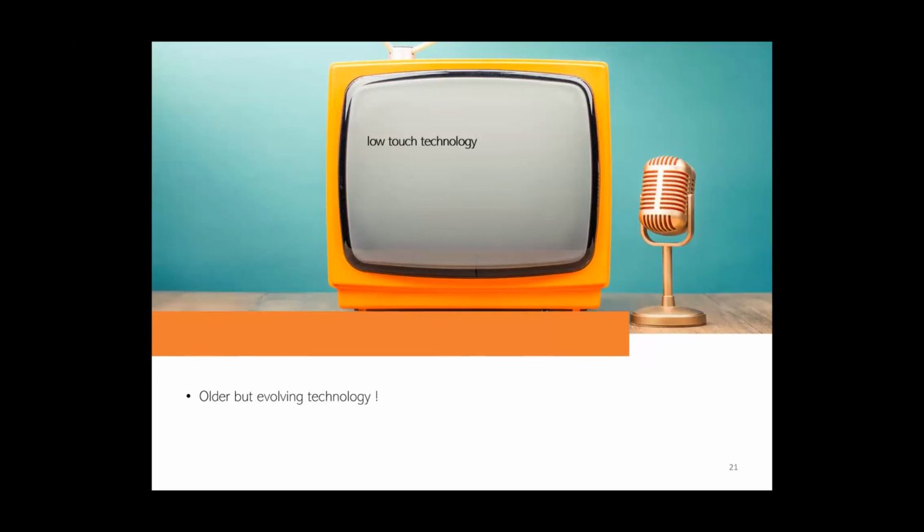We also need to consider low-touch or older technology such as radio and television in our health communication. These are highly effective channels of communication, particularly for people with lower reading skills, drivers, or people who move all the time.